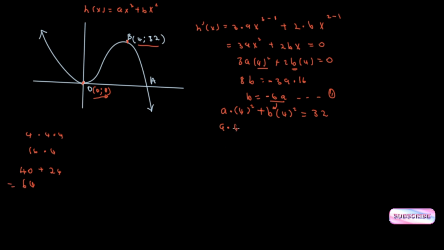So we're going to say 64a plus this part, where we substitute negative 6a multiplied by 16, equals 32. Now let's deal with this part over here. Remember, here I didn't write it well, it's cubed.